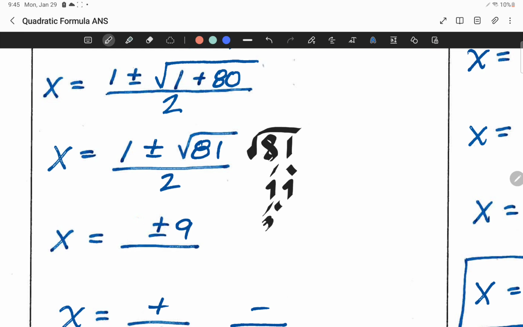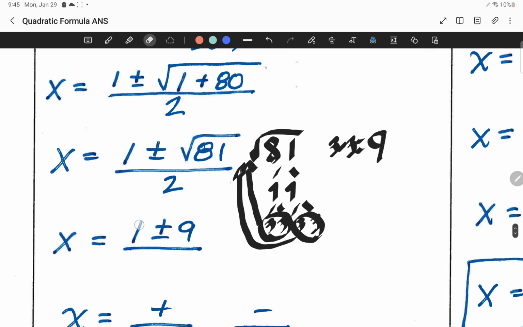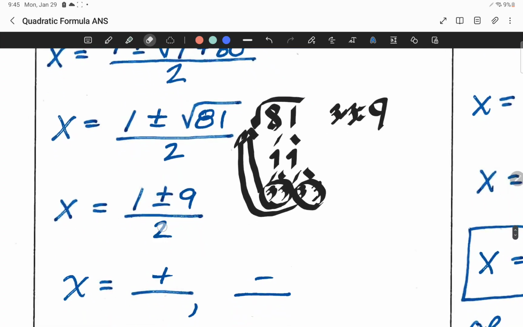And then we do 3 and 3, and then 3 and 3. I could have stopped at 9, but I just want to show it in this case. So I have this group. I'm going to push it outside. I have this group. I'm going to push it outside. So that's 3 times 3 on the outside, which is equal to 9, which is exactly what we got there. So we know the square root is going to turn into 9. We have a 1, and we have divided by 2.